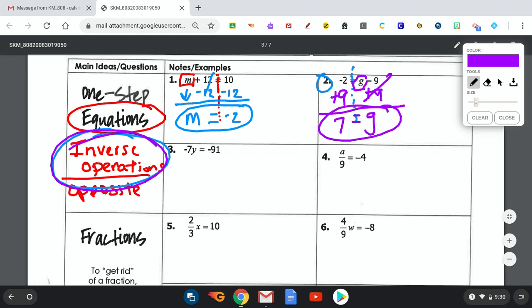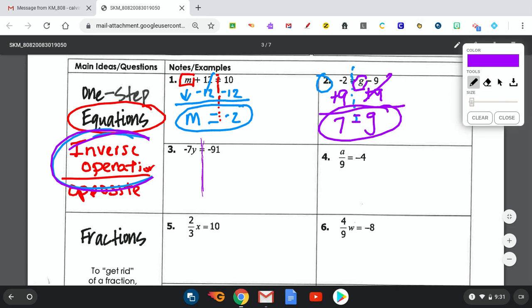Okay. So looking at number 3, again, still doing inverse operations. I still want to get this y by itself. Okay. I still have my balance line. This over here says negative 7y, which means negative 7 times y.